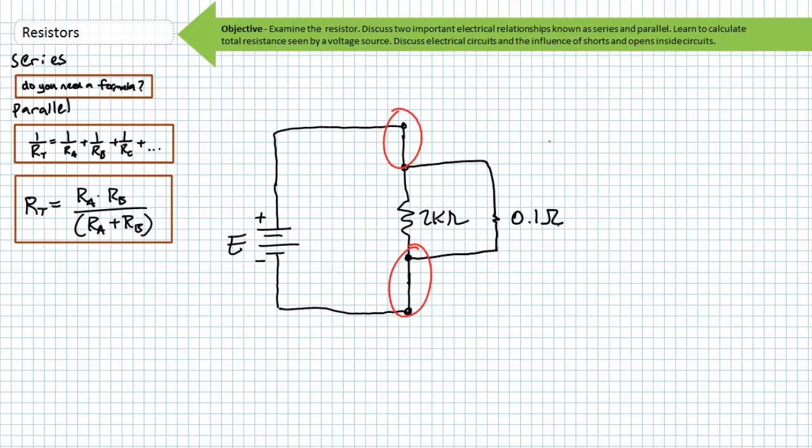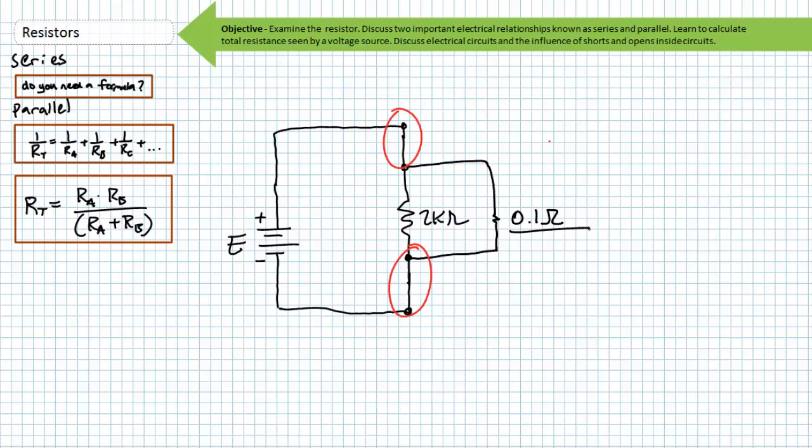What happens now? The answer is something dangerous. This is the reason why errant shorts are to be avoided at all costs. Think about it. A parallel arrangement of resistors is always less than the smallest resistance. Our smallest resistance is 0.1 ohms.